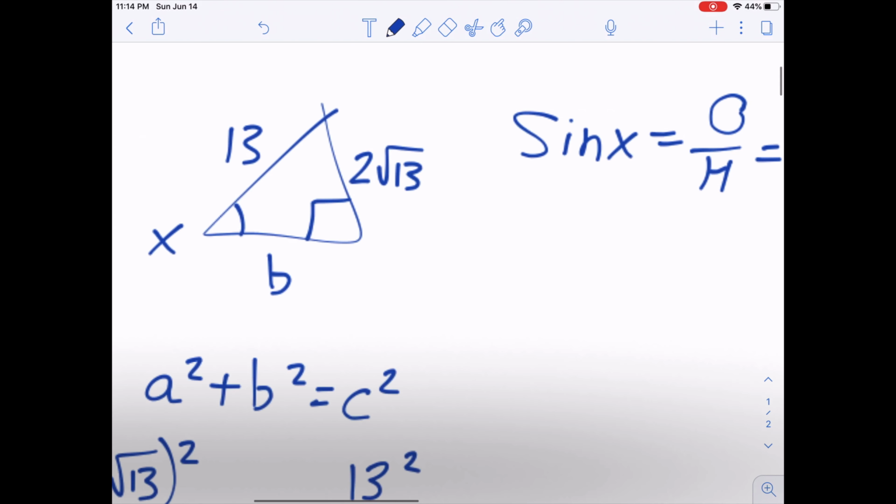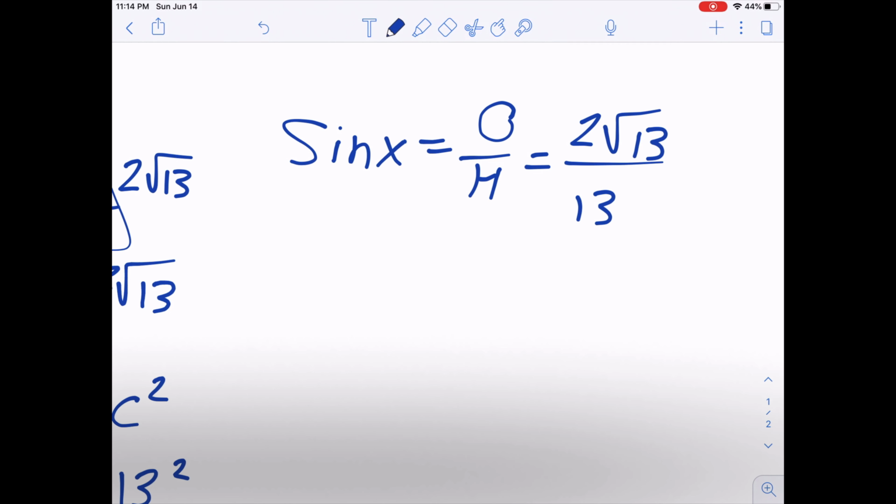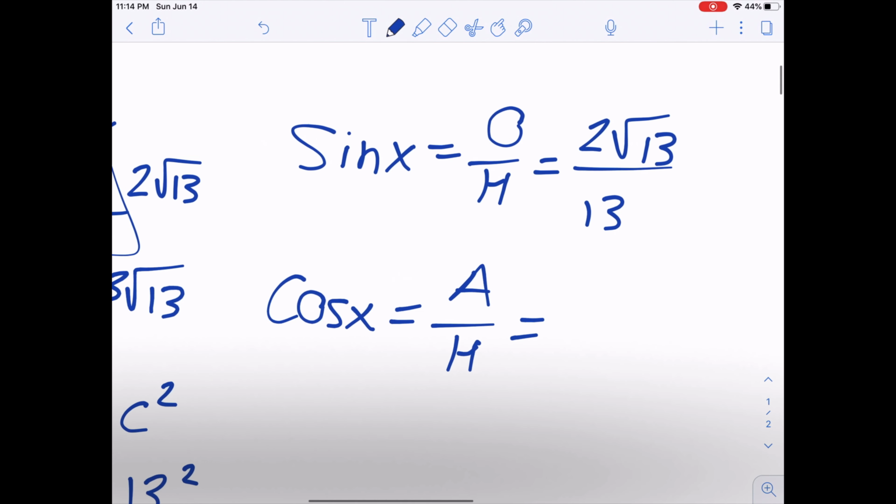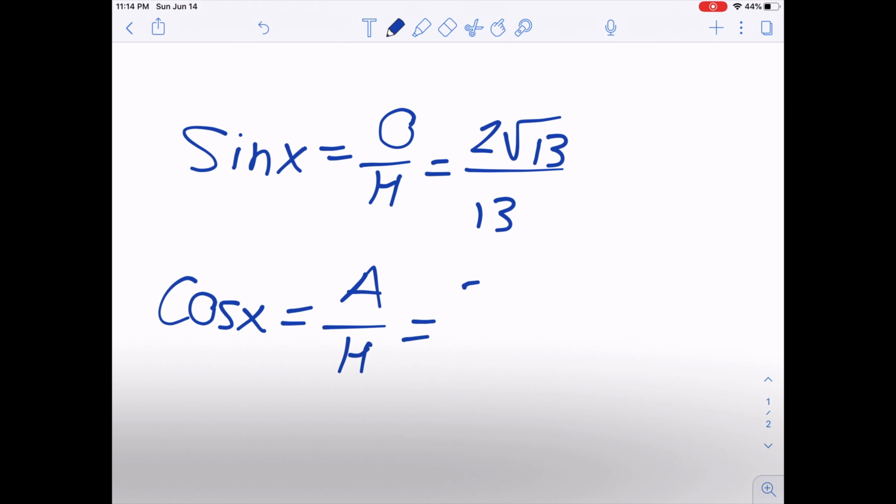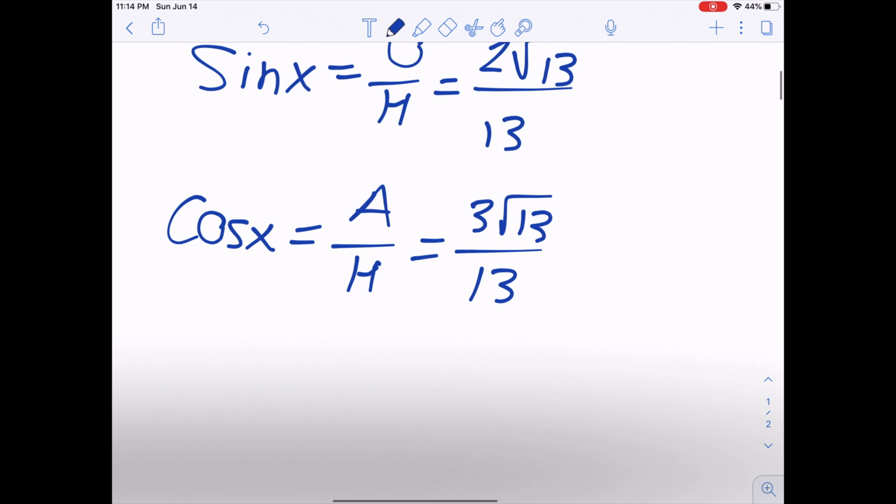Now, we can place this where it belongs, and we can start solving for our other trig functions. Cosine of x is equal to the adjacent over the hypotenuse. The adjacent, as we know, is 3 radical 13, and we're going to put that over the 13.